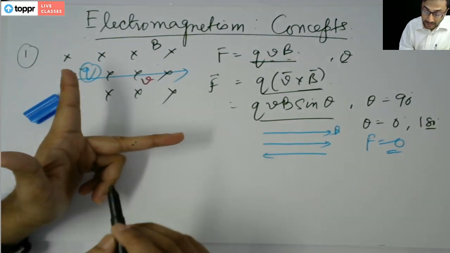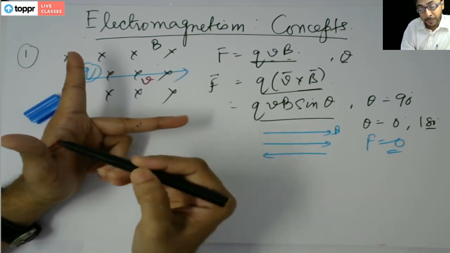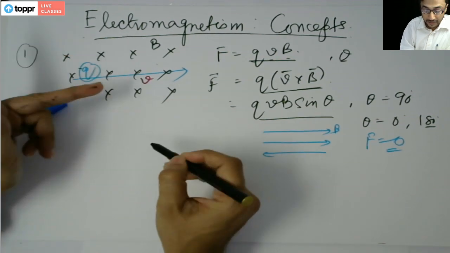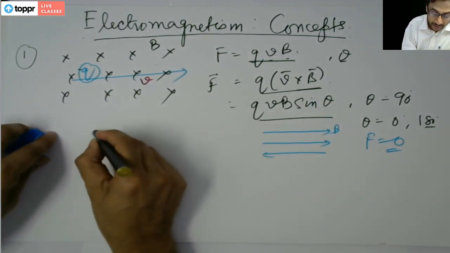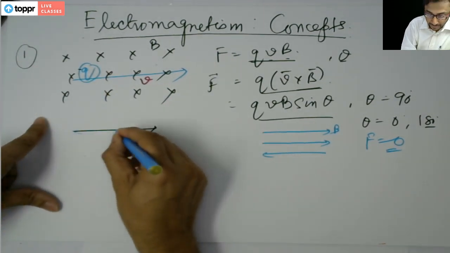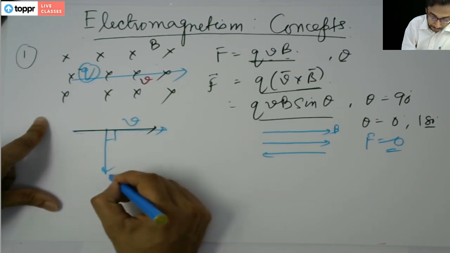Now see what will happen if the force is in the perpendicular direction to its velocity. What kind of motion will it finally generate? You must be knowing that this is the velocity and this is the force.